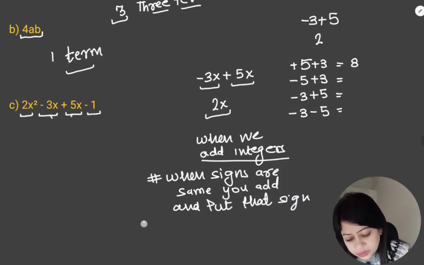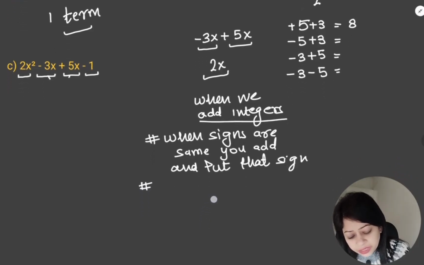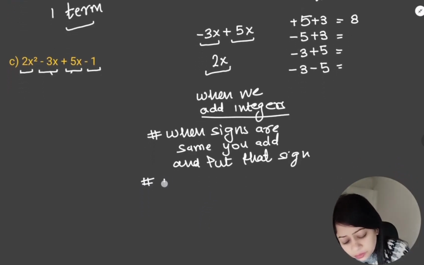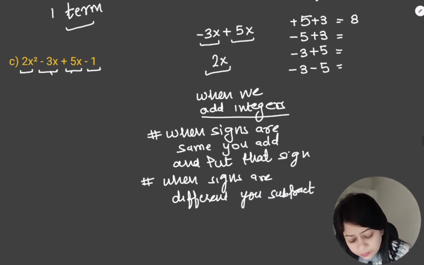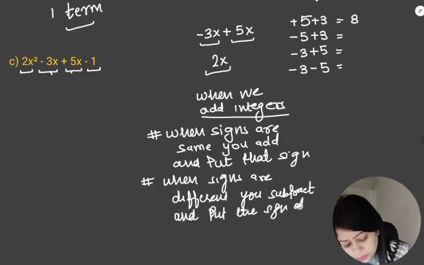Second rule is, when signs are different, you subtract, okay, and put the sign of the larger number.